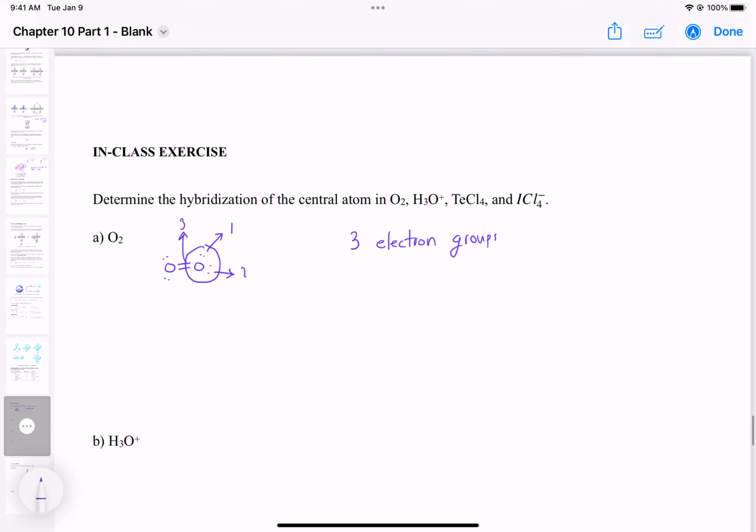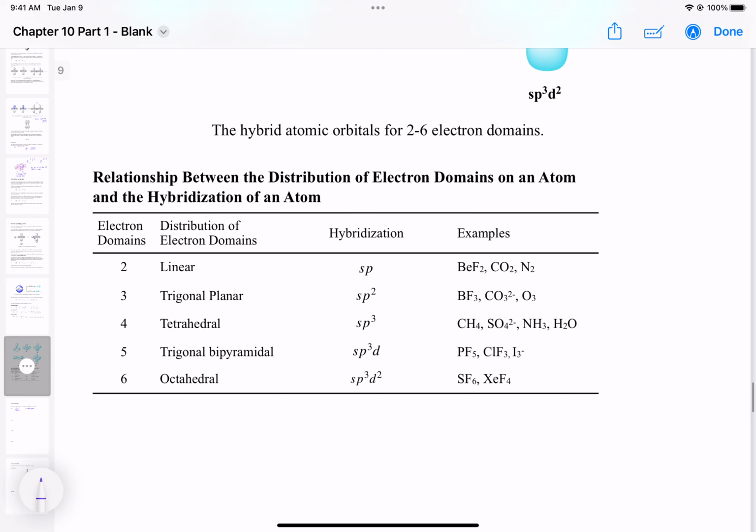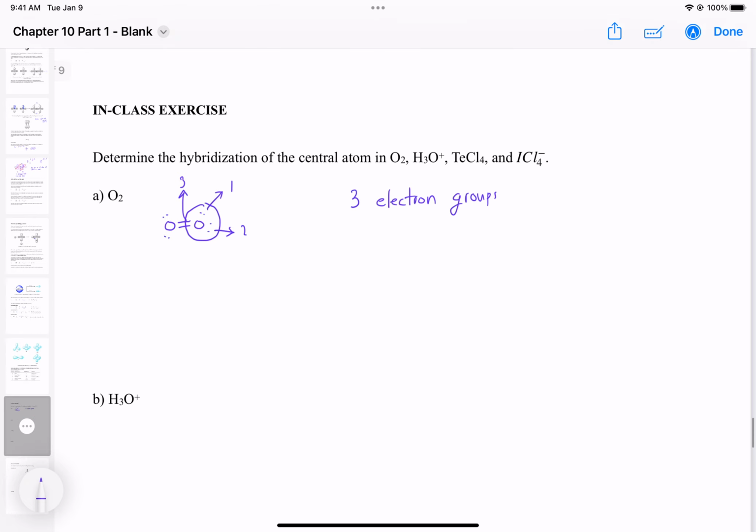So we say, remember, 3 electron groups, it's going to be trigonal planar, so sp2 hybridization. And then the geometry is trigonal planar. All right, so in this example, oxygen is trigonal planar.